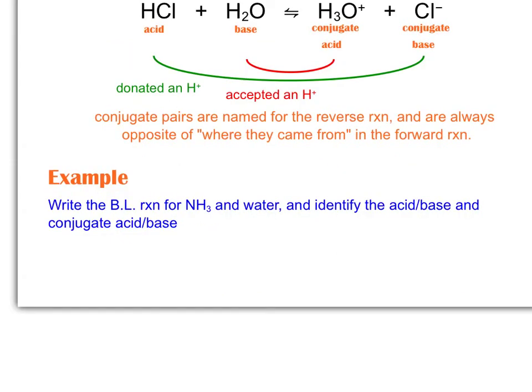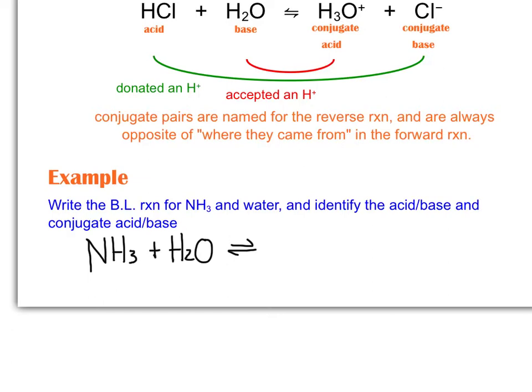So let's do this example here. Write the Bronsted-Lowry reaction for ammonia and water, and identify the acid and base and the conjugate acid and the base. So first step here will be to write the acid-base reaction between ammonia and water. So I'll write that up. Now ammonia is a base. It isn't actually an acid.